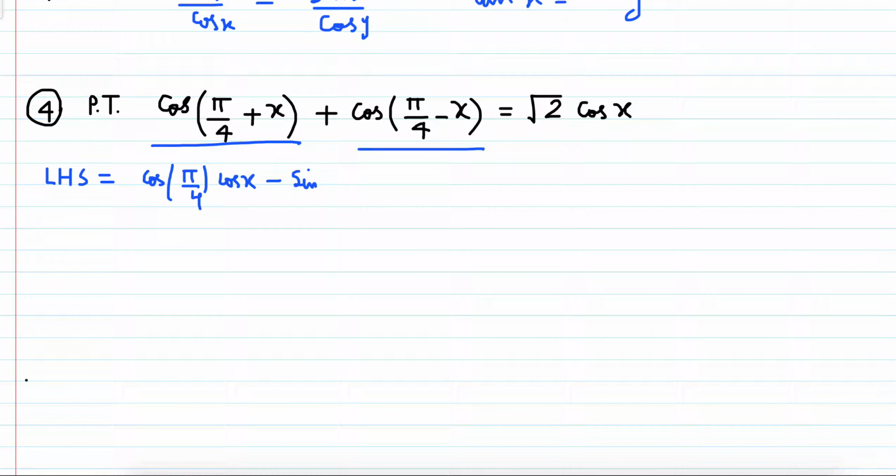So sin pi by 4 sin x. And the second term is cos pi by 4 cos x plus sin pi by 4 sin x.